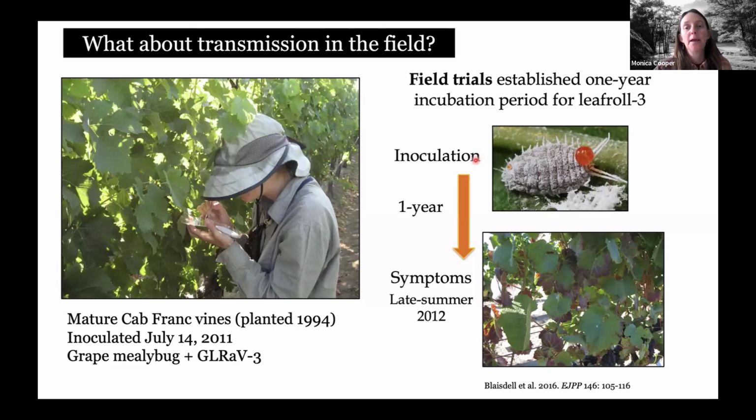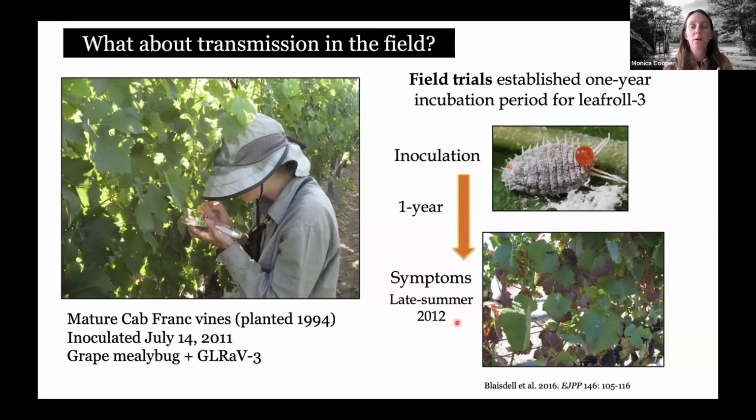And what we found is that it took a year between the time when we inoculated the vines with mealybugs with leaf roll 3 and when we started seeing symptoms. I was checking every week and didn't see symptoms until late summer 2012. And that was just a really important thing to know.